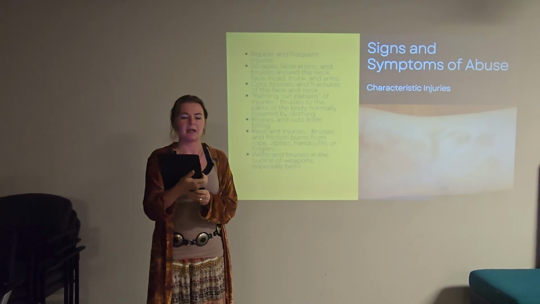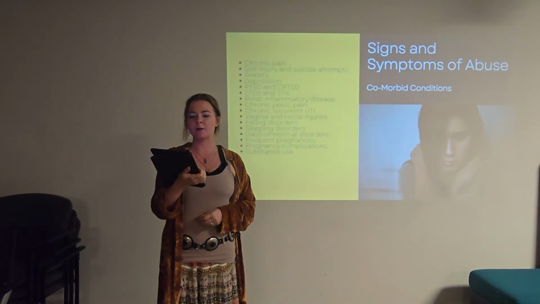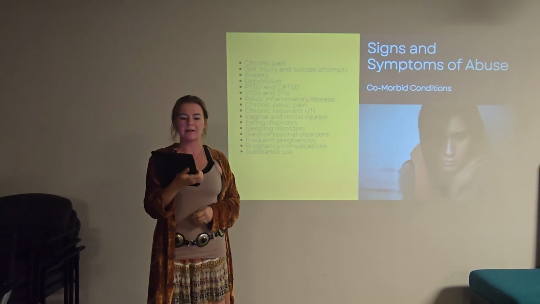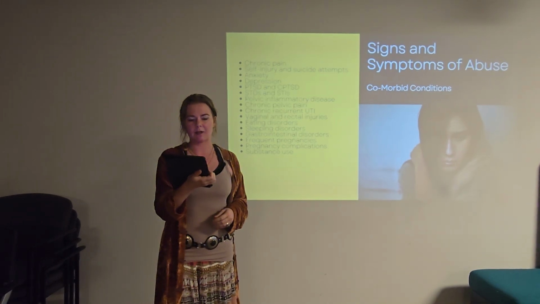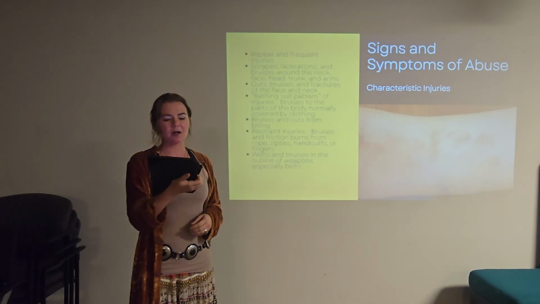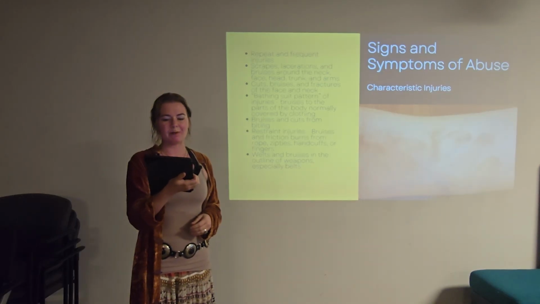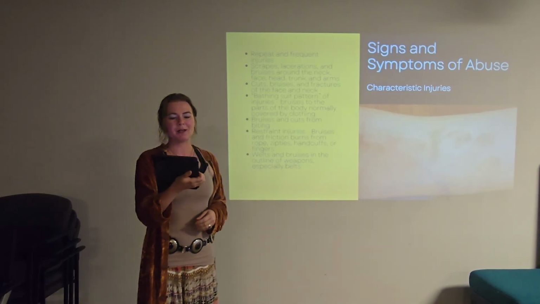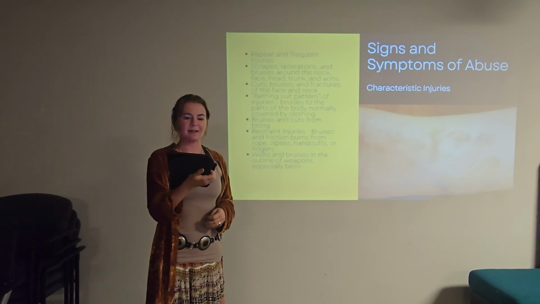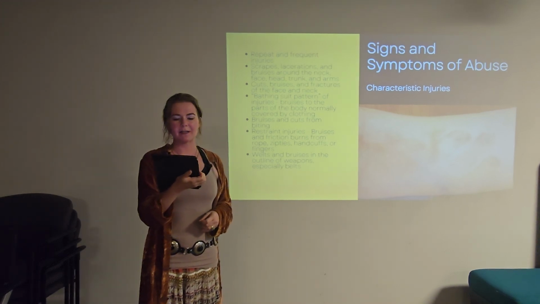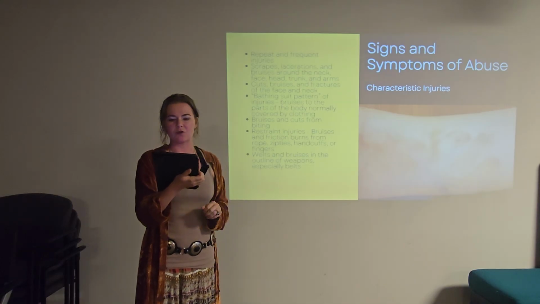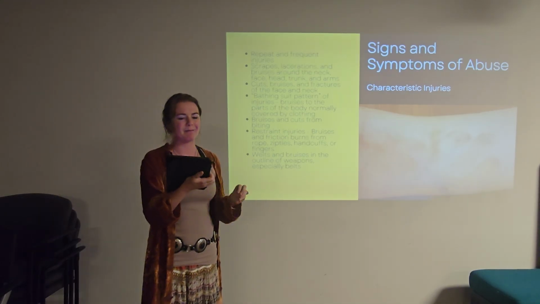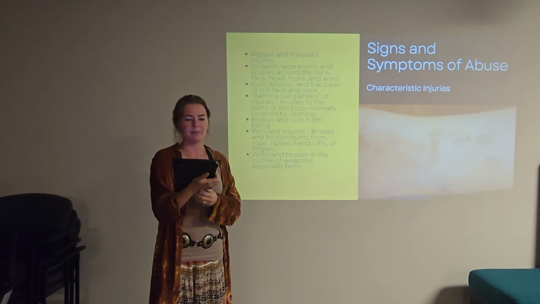Cigarette burns, injuries while pregnant, multiple injuries in various stages of healing, inconsistent explanations for the type and severity of injuries, injuries anatomically inconsistent with the described mechanism of injury, explaining injuries as being from clumsiness, embarrassment and or evasiveness when questioned, delay between the time of injury and seeking treatment. They may wait several days before seeking help.